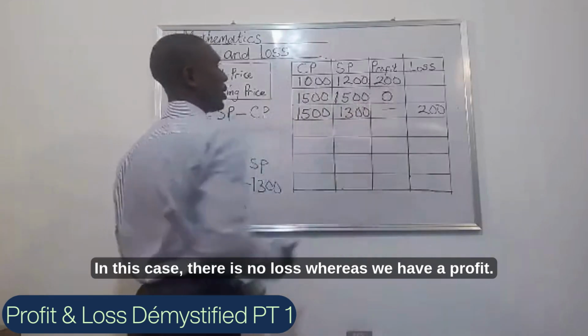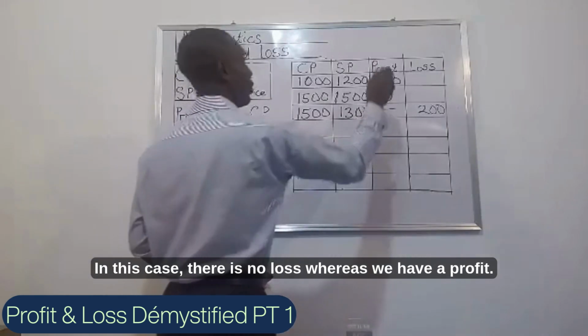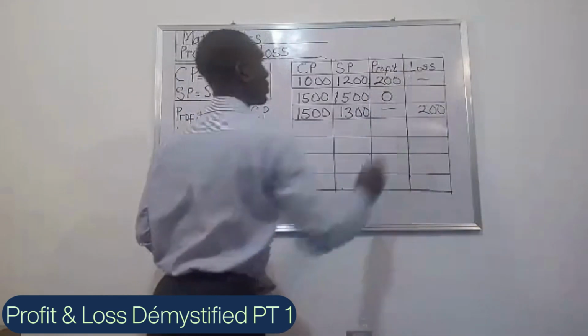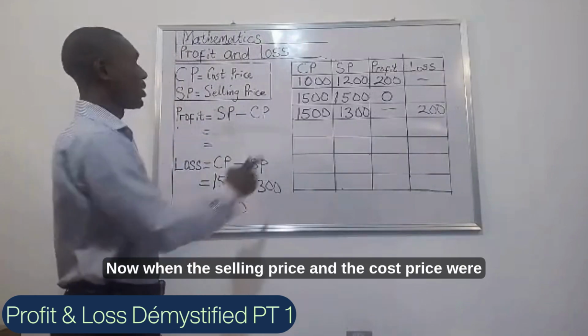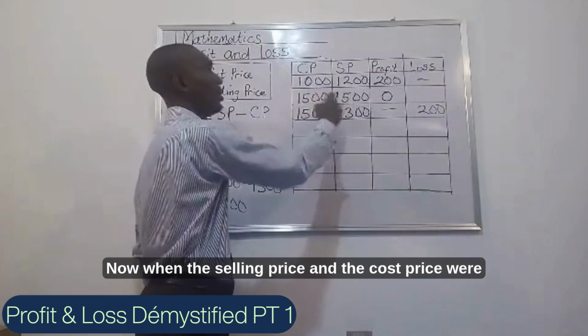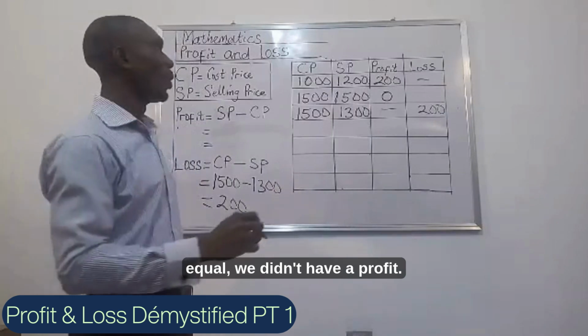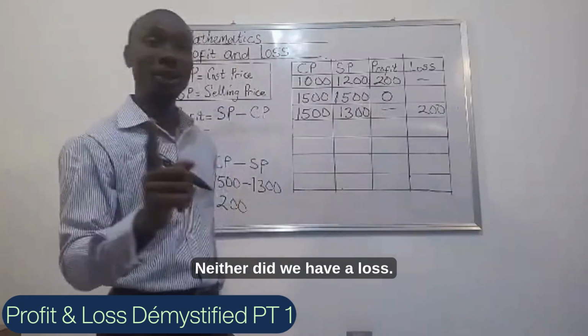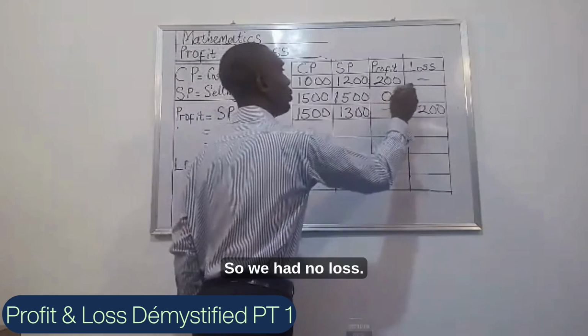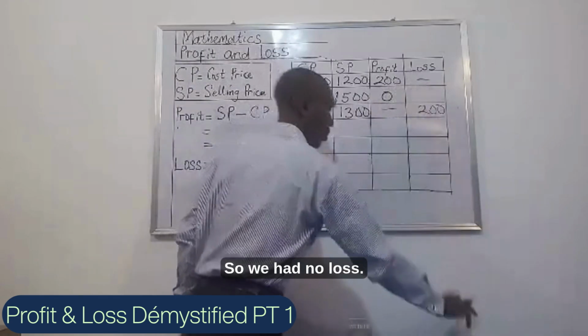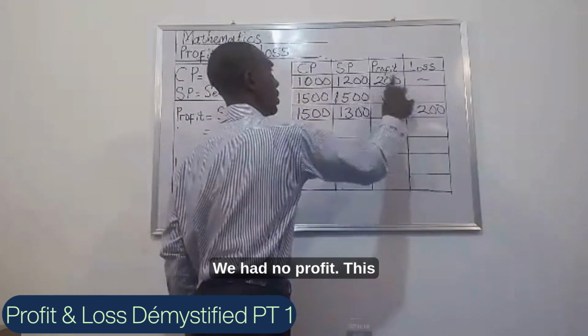I get profit. In this case, there's no loss, whereas we have a profit. Now, when the cost price and selling price were equal, we didn't have a profit, neither did we have a loss. So we had no loss, we had no profit.